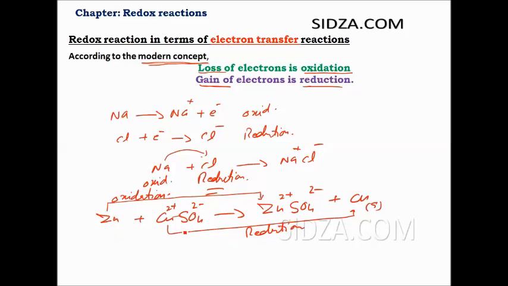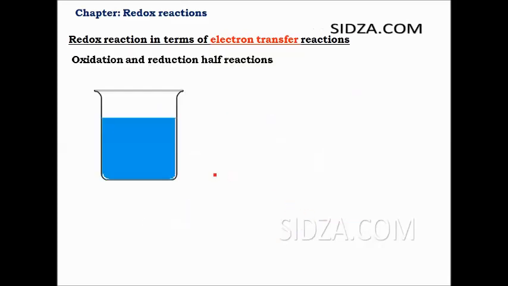If you take a zinc rod in the copper sulfate solution, zinc will change into zinc sulfate and you get a deposition of copper. It's like this. Suppose you take a beaker containing a copper sulfate solution, and in this solution we insert the zinc rod.